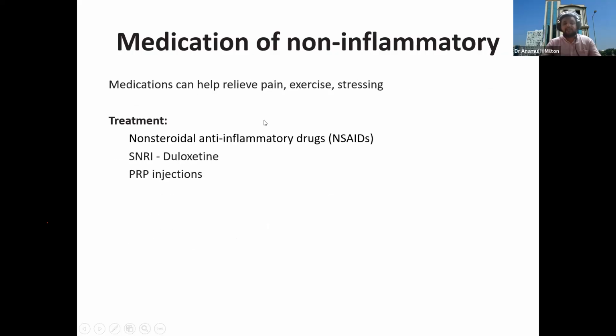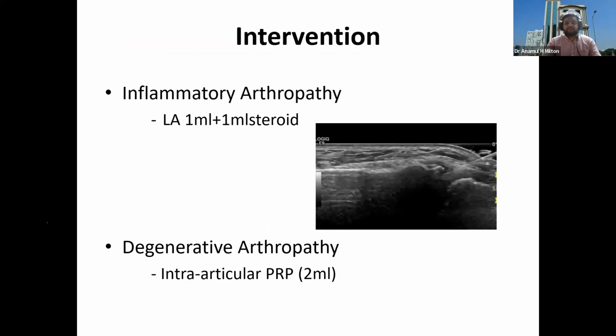If it is non-inflammatory, like a degenerative change, you can consider NSAIDs, and if there is degeneration, you can also consider duloxetine for the treatment. If needed, you can also apply PRP. Here is how you give your injection in the in-plane technique.